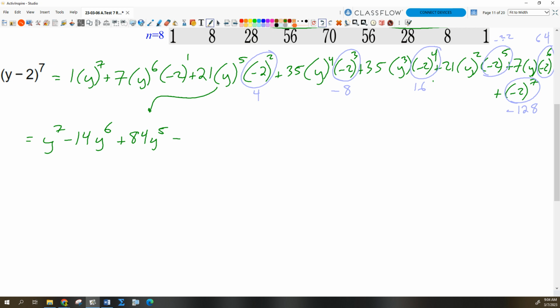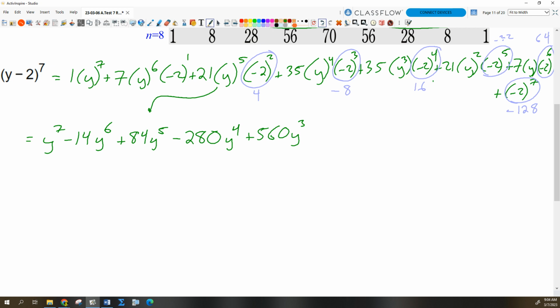That just means I'm going to double 35, get 70, double it again, get 140, and then double it again, right? So 280 y to the 4th. And then this one right here is going to be plus 35 times 16. Well, isn't that just 35 times 8 times 2? So it's going to be twice as big as that, 560. And you have a calculator too. 560 y cubed.